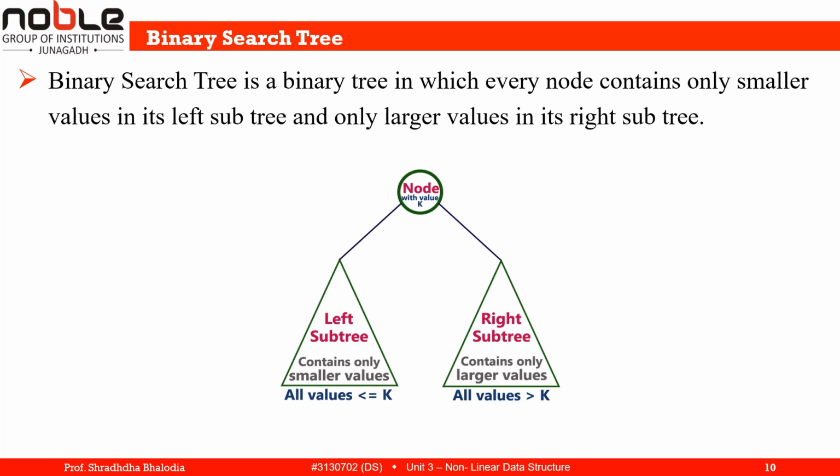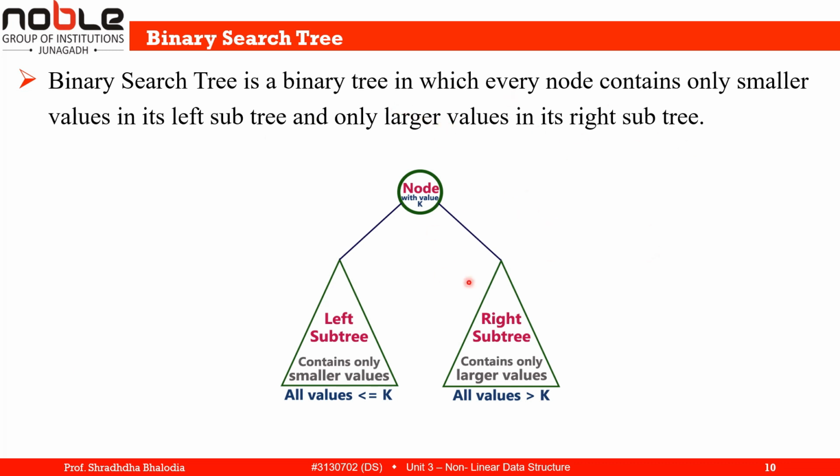Now we move forward to another type, the binary search tree. Some modifications to the binary tree give the binary search tree. Here we have a condition: a binary search tree is a binary tree in which every node contains only smaller values in its left subtree and only larger values in its right subtree.